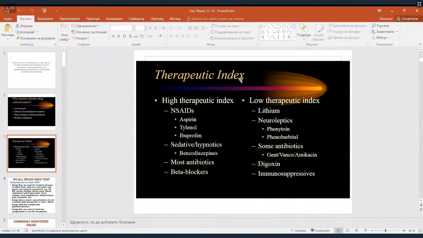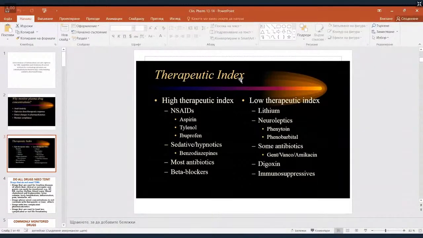For those of you who don't remember, this is actually an index which does not have measurement units, because it's just an index, and it is calculated by dividing the toxic dose in 50% of the individuals by the effective dose in 50% of the individuals.